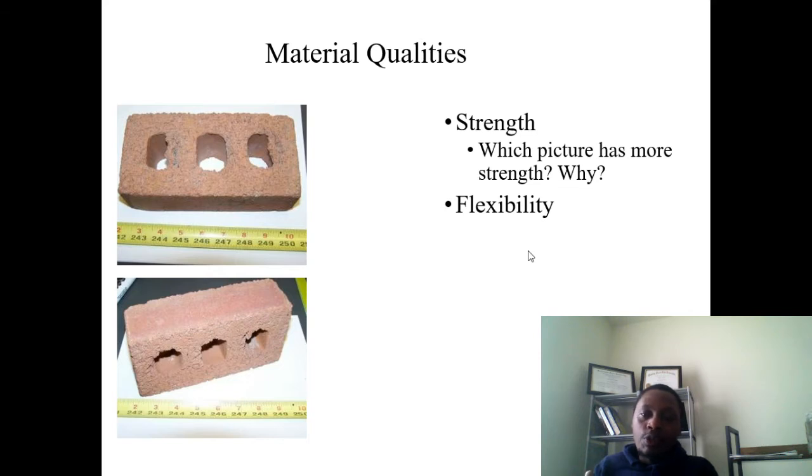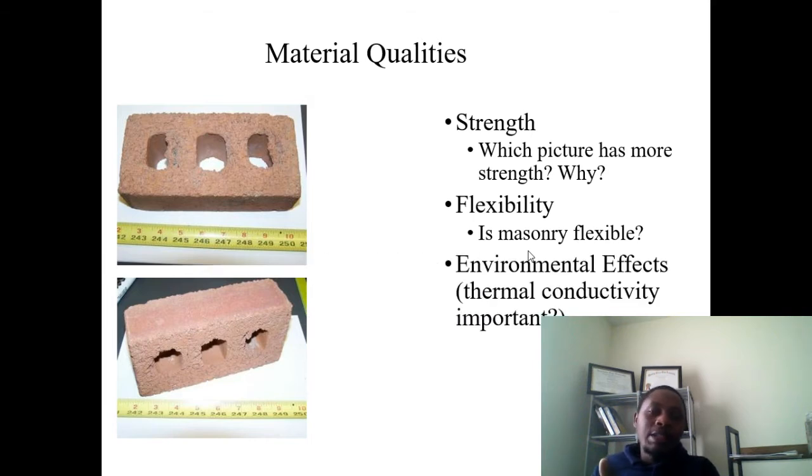So that will come into play when you're talking about how flexible our materials are. So even for our masonry, how flexible is it?